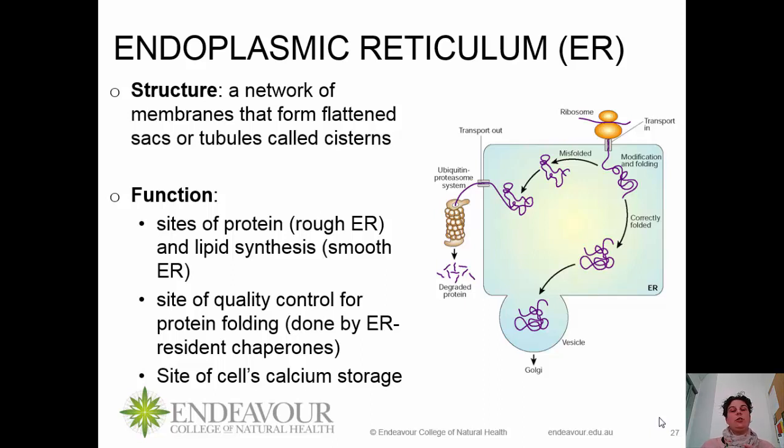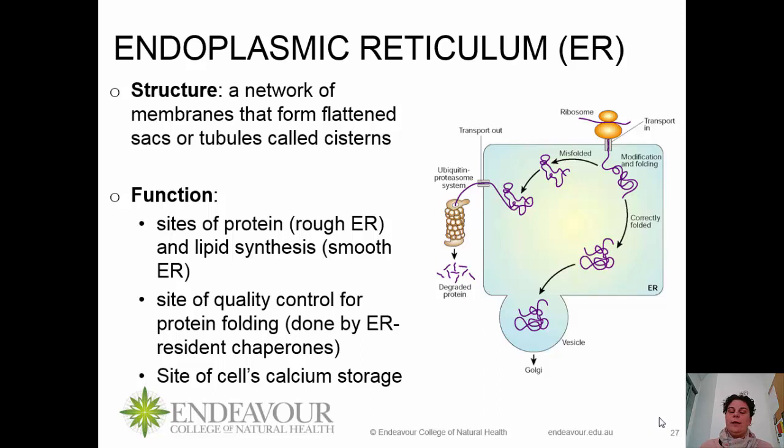It means that when the protein is made in a chain-like structure, at some point that chain needs to fold into a particular structure in order to perform its function. Now, ER is able to recognize whether or not that folding is correct, and if it isn't, it makes sure that that protein is digested using a proteasome, which is something that we'll talk about in a minute as well.